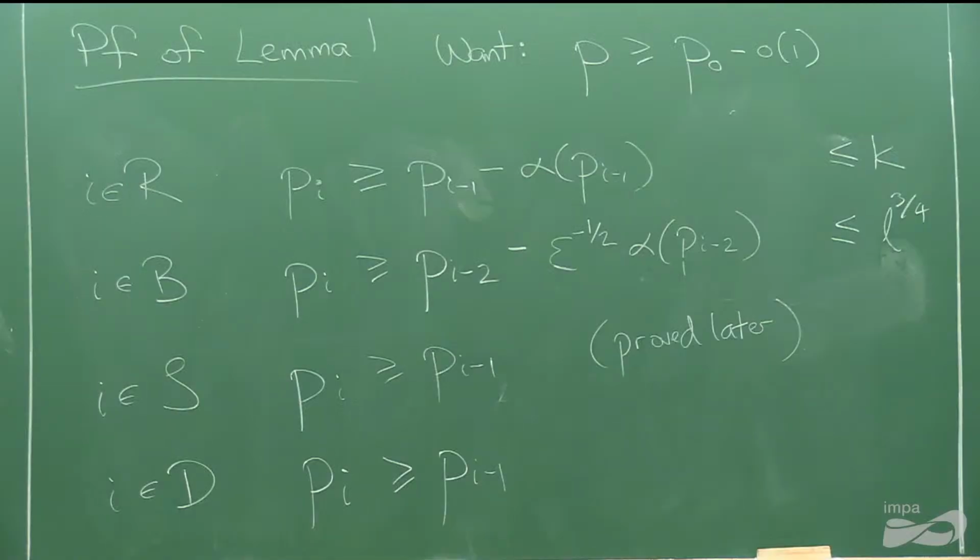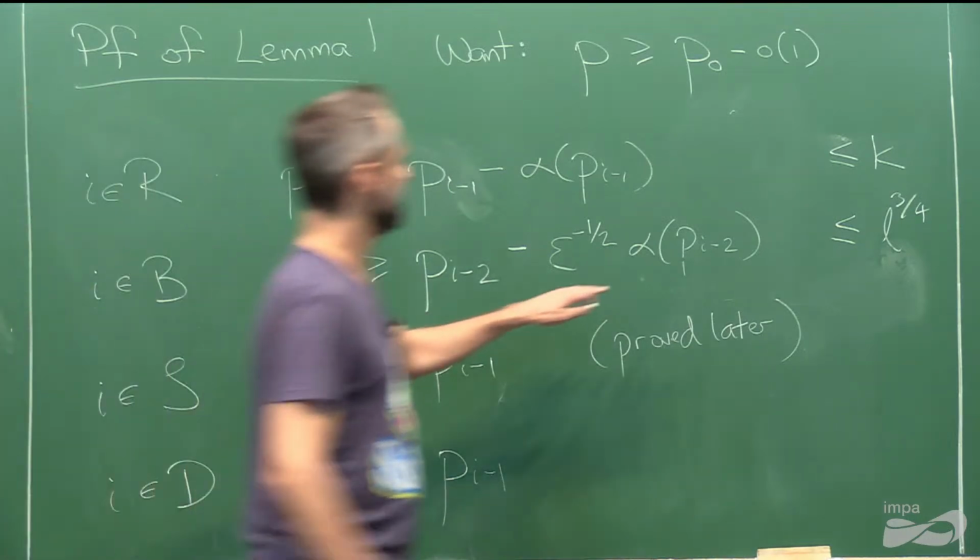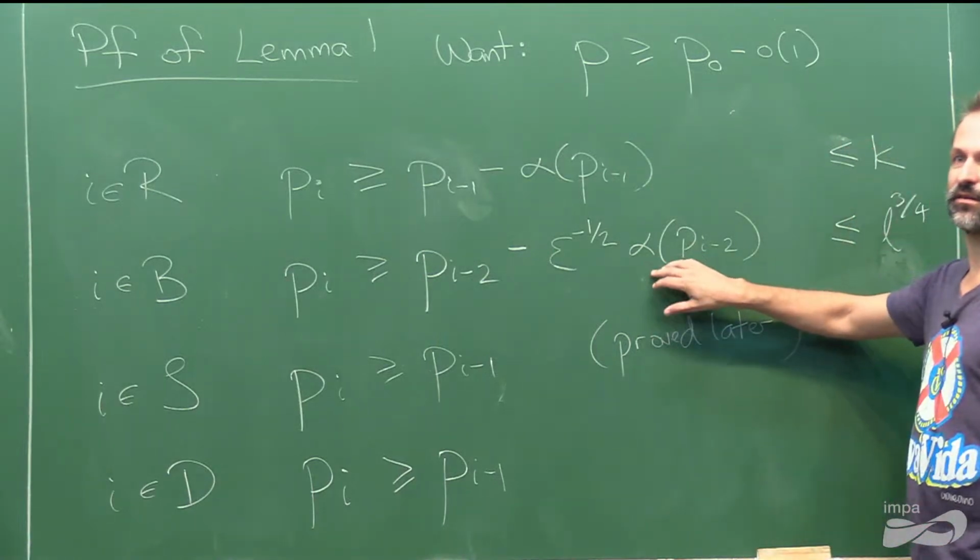Sure. Replace these by p0 every time. But then, if you took a less step that was like a big blue step, then you would end up with epsilon, 1 over root epsilon, right? Which is what Ron said. You have to be careful. I don't think so, because remember, alpha is like epsilon over k.